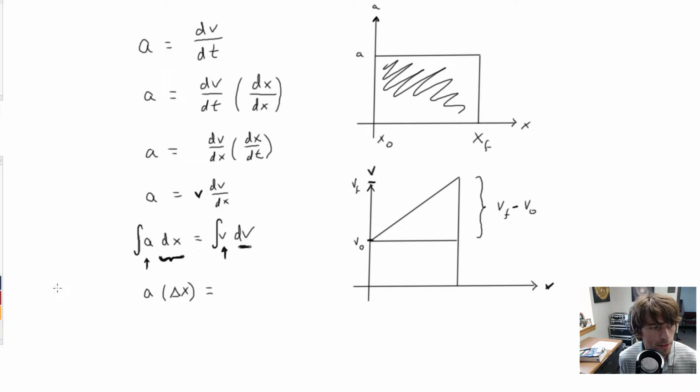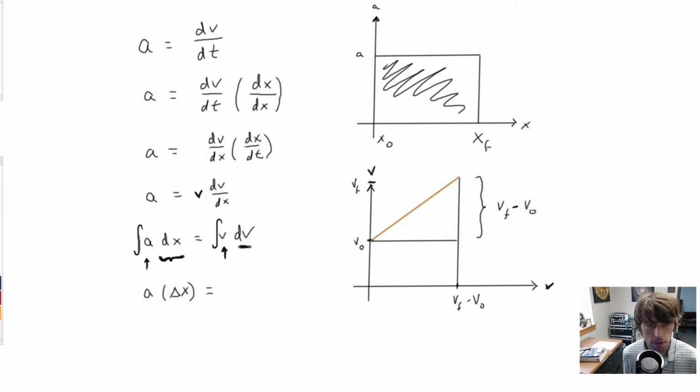Knowing that this line is at 45 degrees, and that this height is v final minus v naught, you should see that right here on the x-axis, we've gone a distance of v final minus v naught. Now, pause the video and convince yourself that this makes sense.